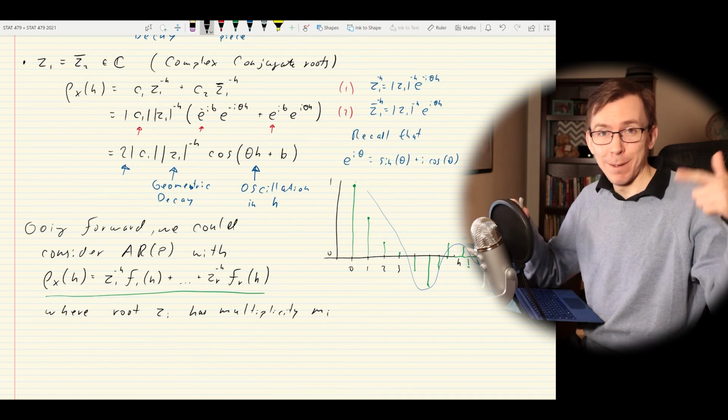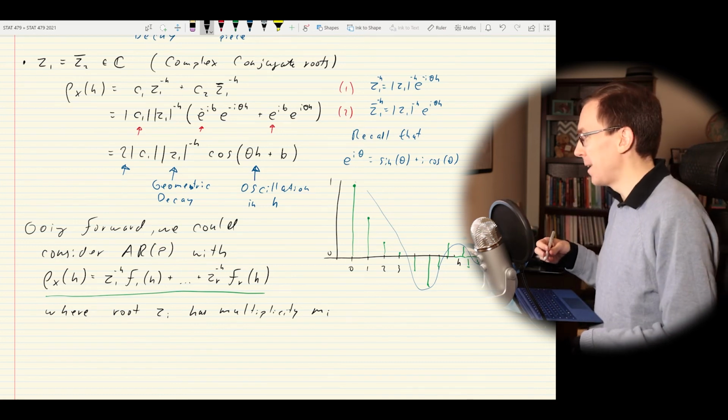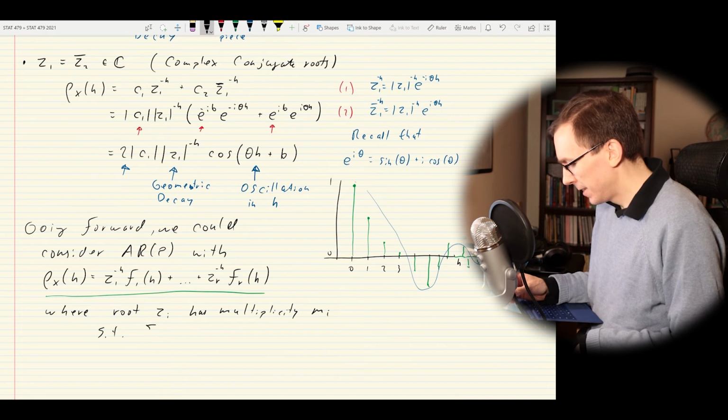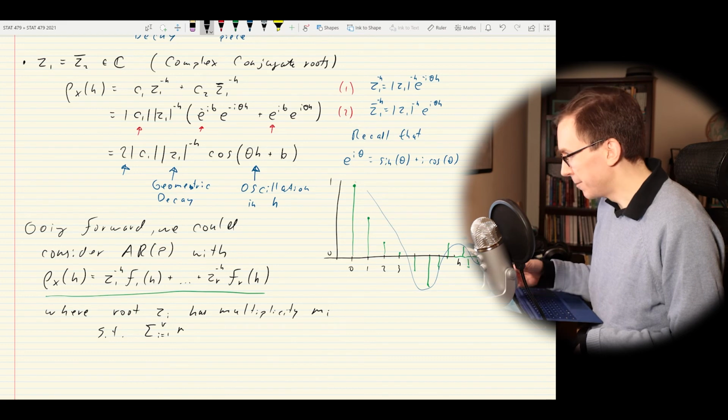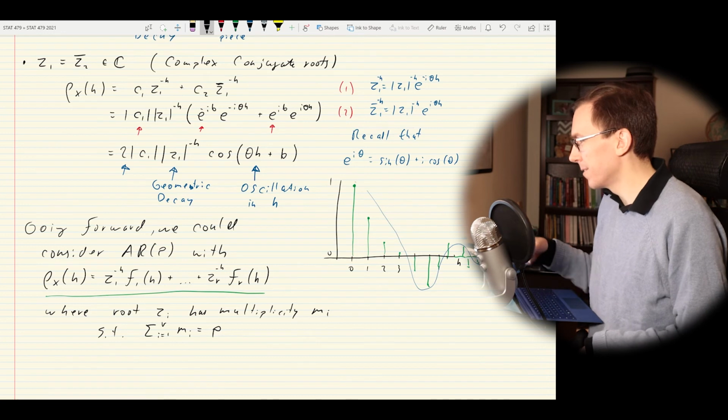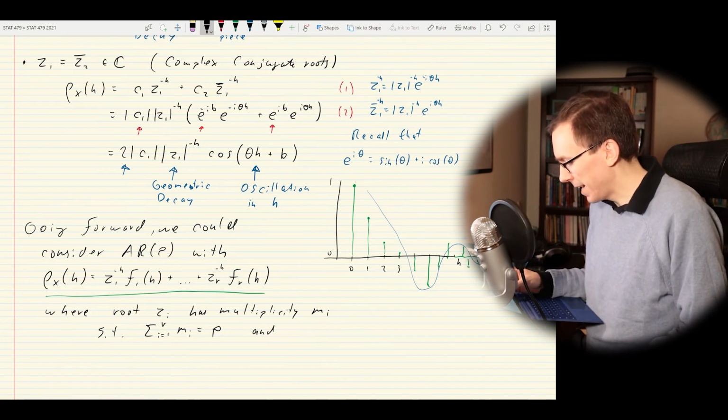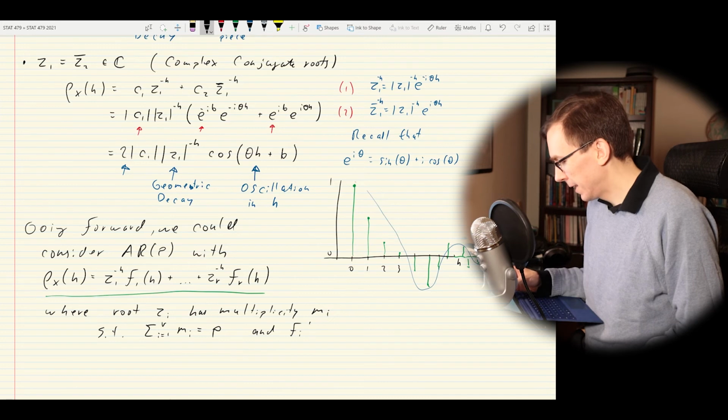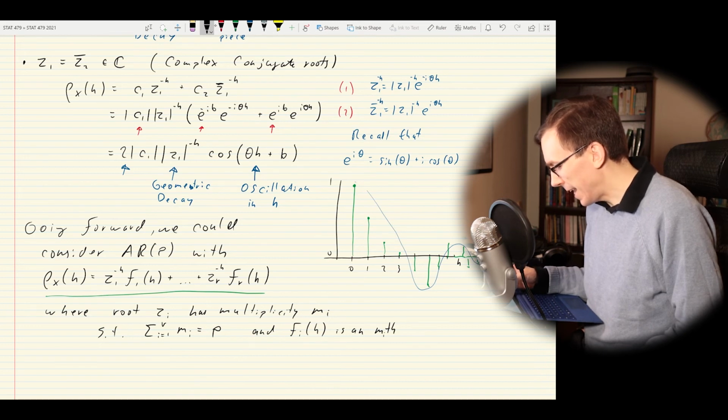Remember, multiplicity is the number of times that root occurs in the polynomial, such that the sum from i equals 1 to r of mi is equal to p, the order of the autoregressive process, and fi(h) is an mi-th degree polynomial in h.